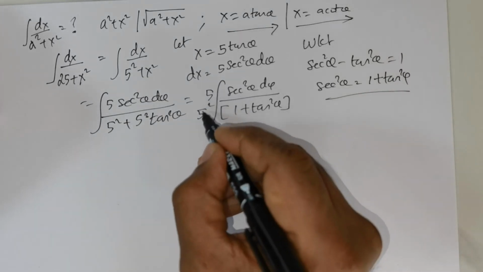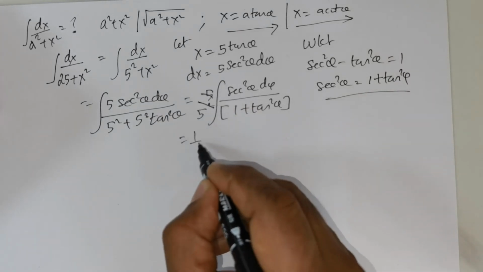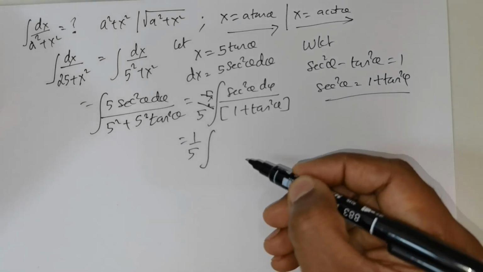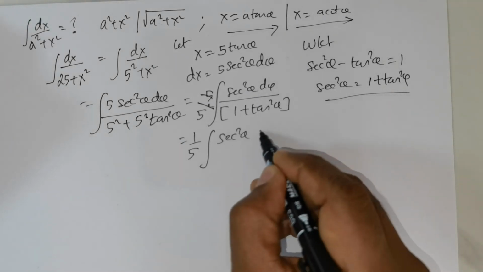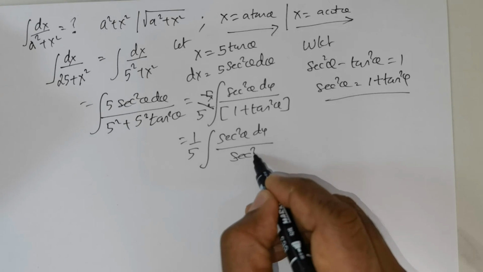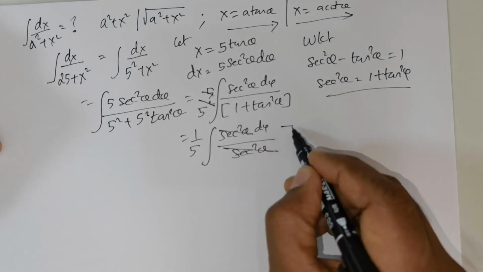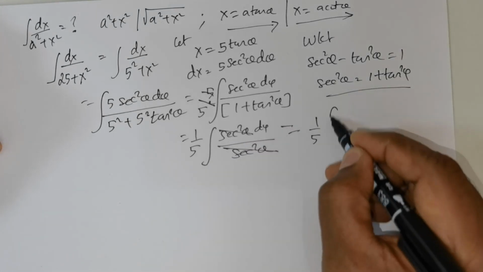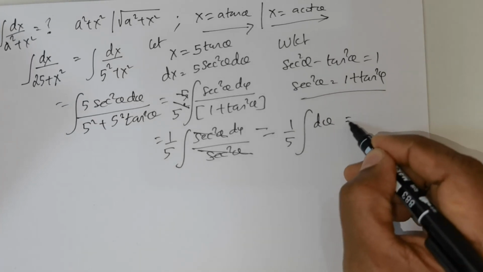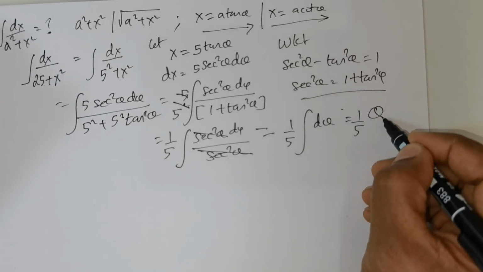So by that substitution, of course I can cancel a 5 here. I will get 1 over 5 times integral secant squared theta times d theta divided by secant squared theta. Secant squared theta gets cancelled, giving me 1 over 5 integral d theta. Integral of d theta is going to give me theta.